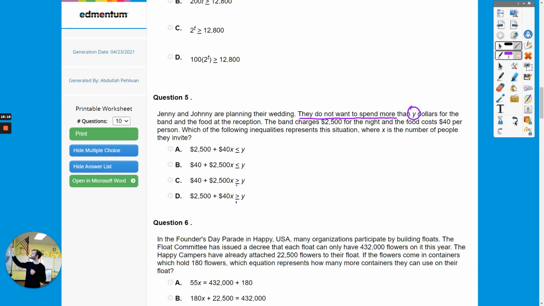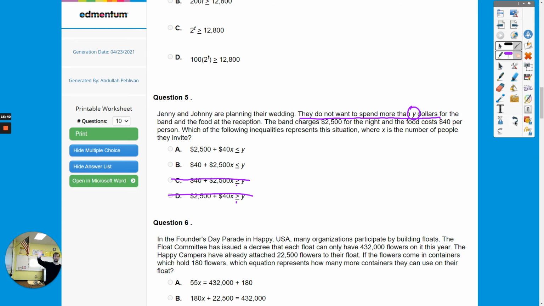They do not want to spend more than y dollars. So just because you saw that "more than" word, do not jump on the greater than or equal to sign, because it says they do not want to spend more than that. So if they're not going to spend more than y dollars, they can be spending equal to y dollars or less. So it's going to be either equal or less, which means these are not my options.